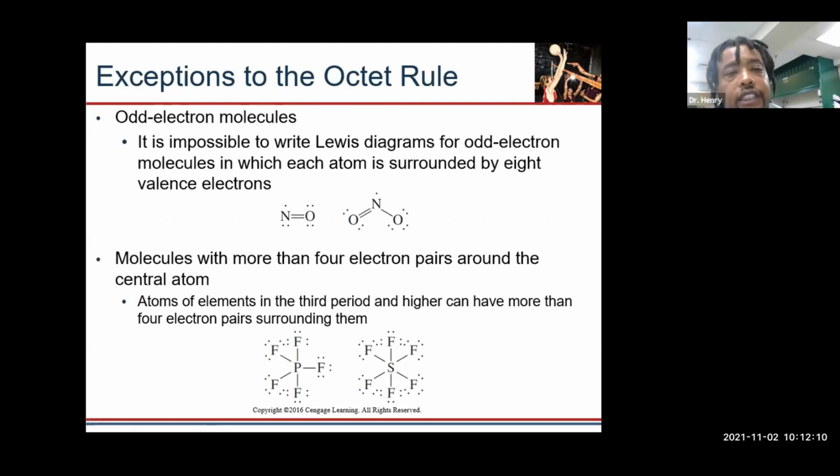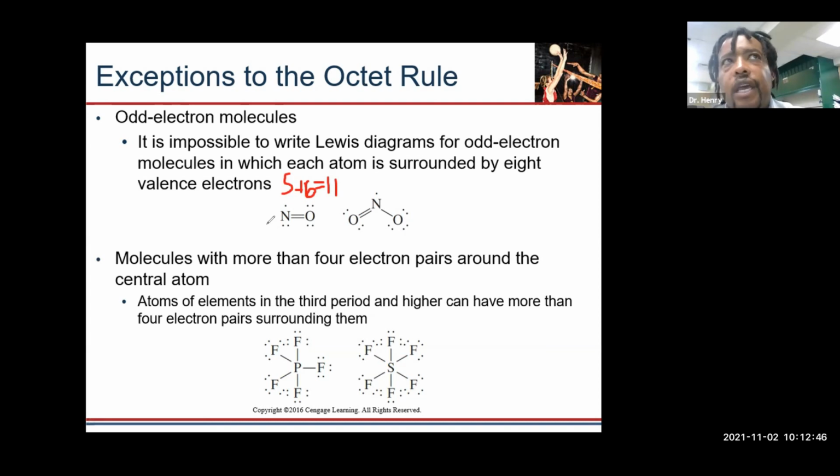Let's talk about the exceptions. If you have an odd number of electrons in the molecule, for instance, nitrogen has 5 valence electrons and oxygen has 6, so 5 plus 6 equals 11. There's no way we can surround it so that everybody reaches its octet.